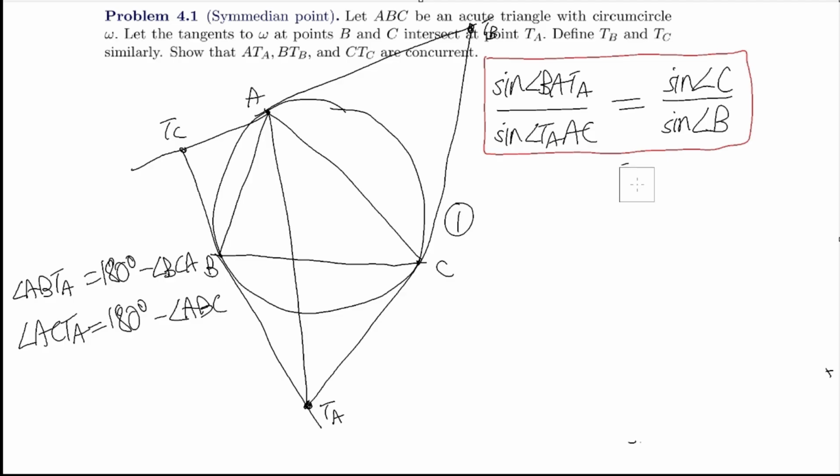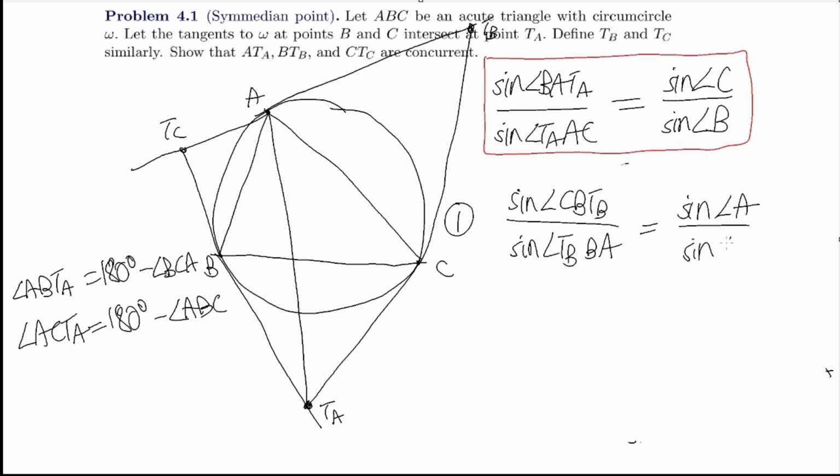And doing so, we end up getting that sine angle CBTB over sine angle TBBA is equal to sine of angle A over sine angle C.